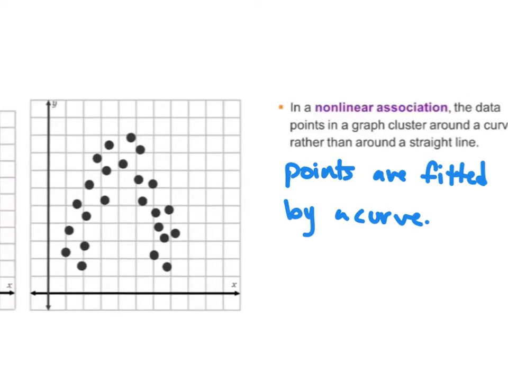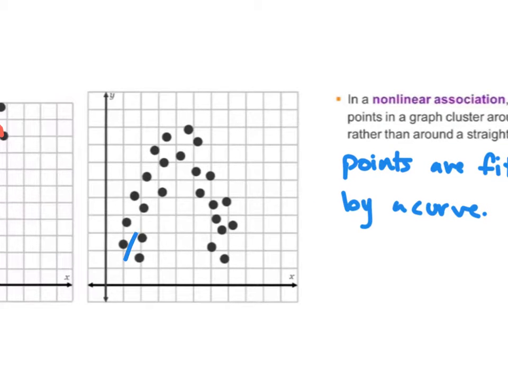So I can't just draw a line here that goes like this. But what I can do, let me erase this real quick, is draw a curve that fits the data. We have this part where we increase and then all of a sudden we decrease, and so that's why we would have a nonlinear association.